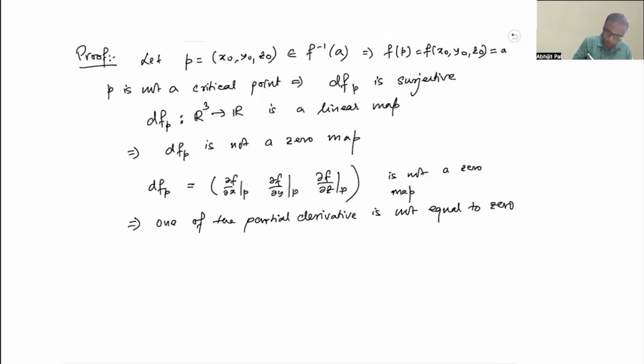Okay, so let us assume del f by del z evaluated at P is not equal to zero. Okay, so now we'll apply the implicit function theorem. So by the implicit function theorem, what will we get?